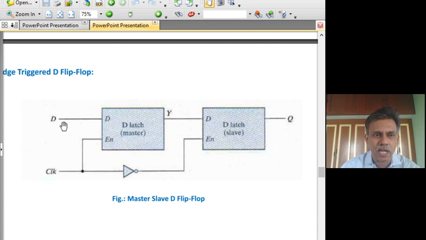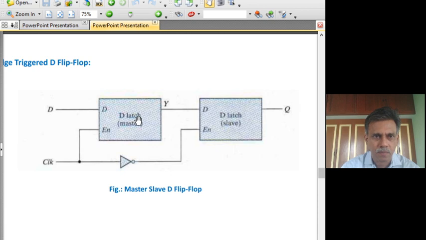Whatever changes take place in the D input will not affect the master and therefore Y. While a 0 in the clock means the enable signal given to the slave D latch will be 1, which means that the slave will be enabled, and the Y, which is the output of the master, is the D input for the slave, and Q will simply follow the Y. But Y is frozen because the master is not changing.